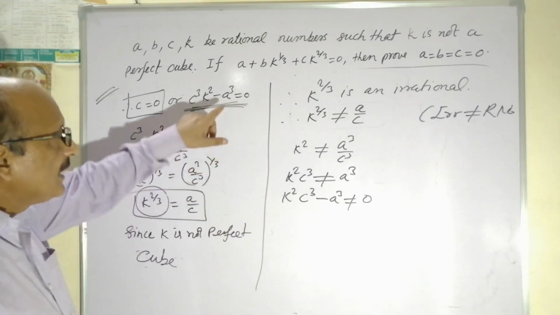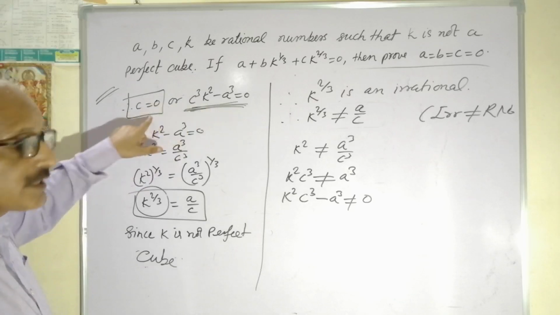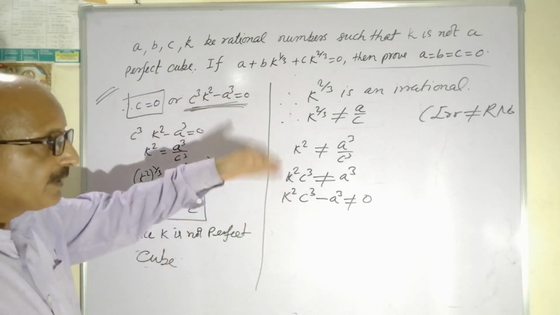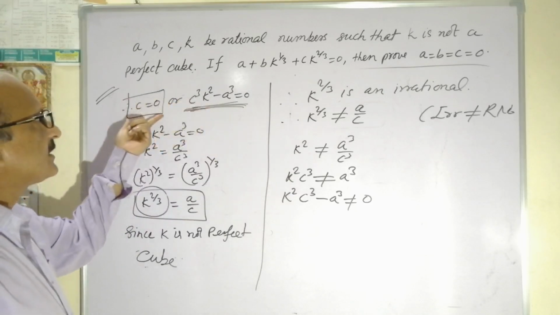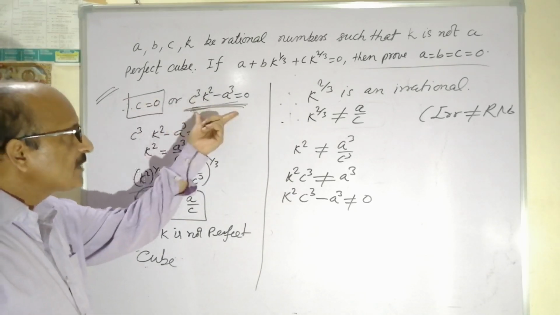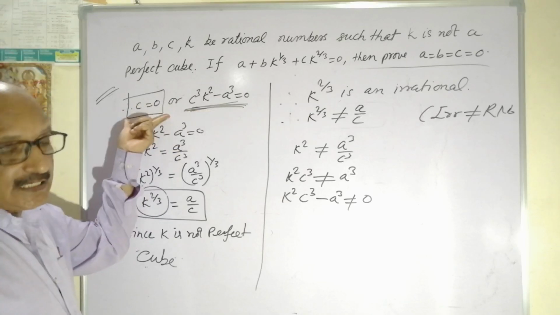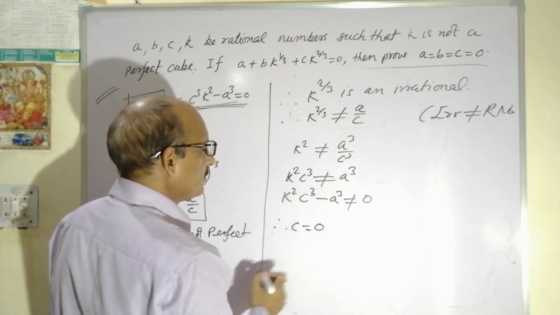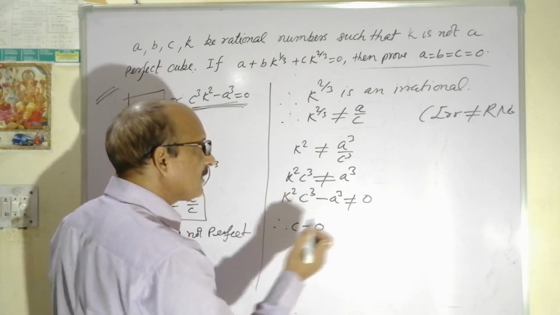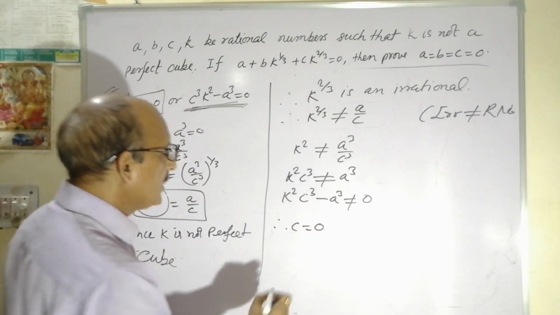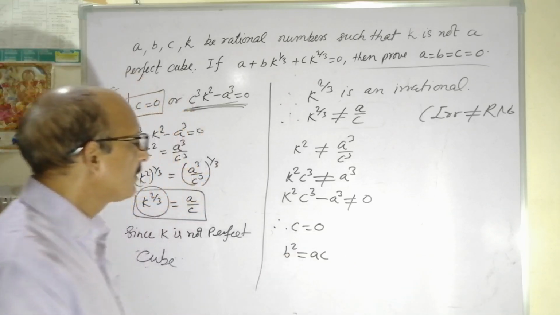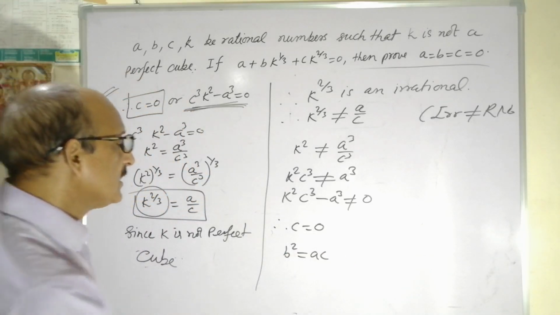It can't be 0. If it is not 0, then from the previous step we concluded either this is 0 or this is 0, so obviously c is equal to 0. Therefore, c is equal to 0. When c is equal to 0, we have already noted previously that b^2 is equal to ac.